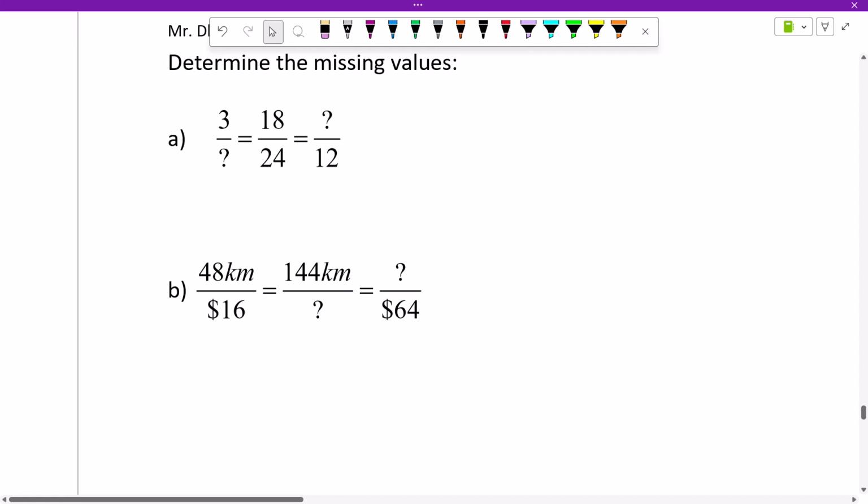Okay, if we have 3 fractions, but they're all connected with equal signs, that means the relationship between them is going to be constant, right? So you can pick any 2 to jump between.